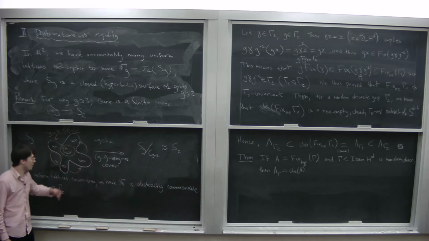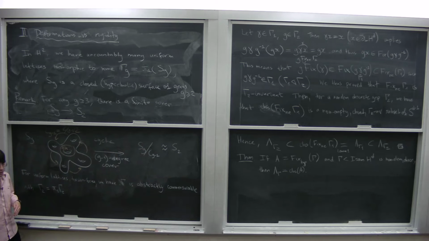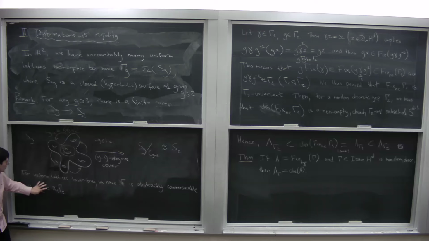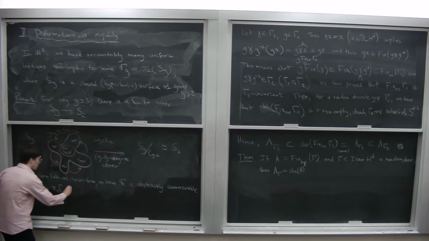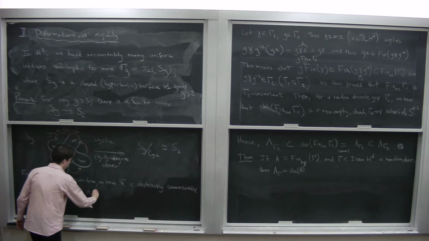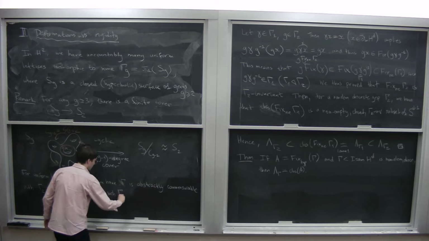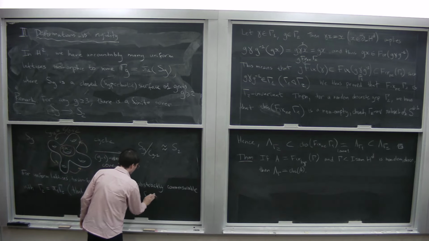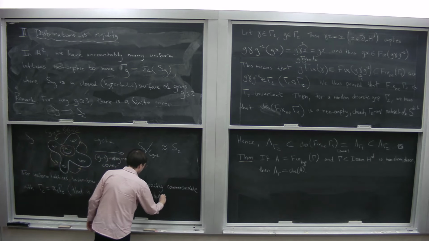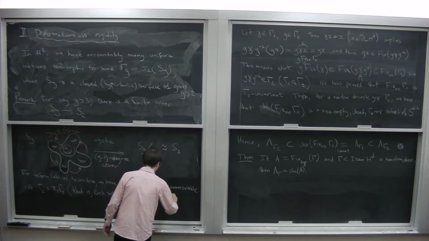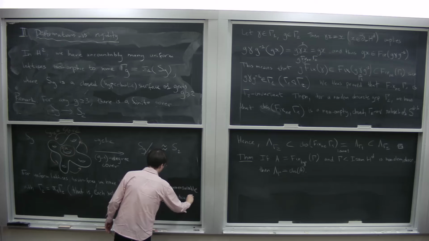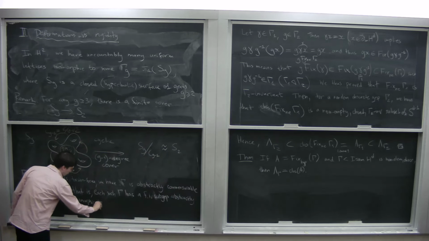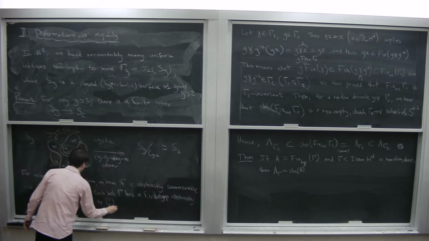Which means that it has a finite index subgroup, so in fact each such gamma has a finite index subgroup abstractly isomorphic to gamma 2.